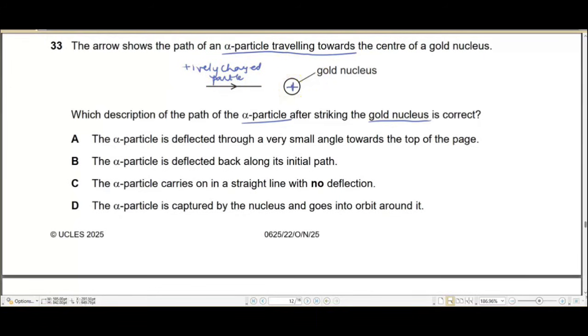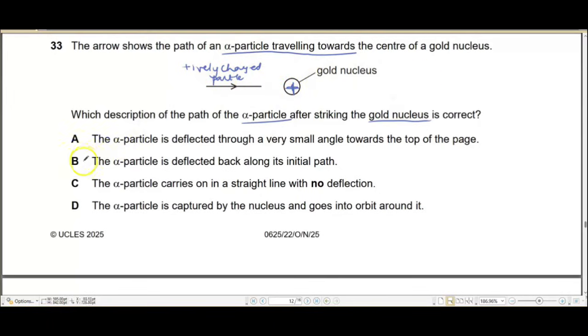The nucleus is positive as well, because it has neutrons and protons. So if two positively charged objects come close to one another, they are going to repel each other. This much we should know by reading the question.